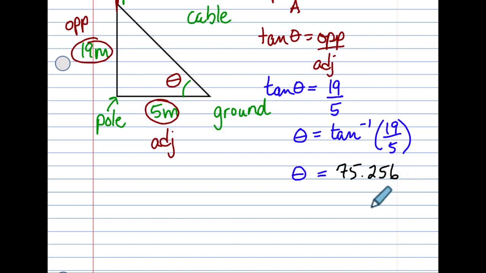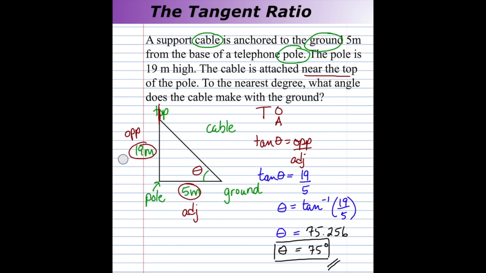And it says to the nearest degree, so we will round off to 75. The nearest degree is 75 degrees. Of course, the reason we could use this ratio in the first place is because we have a right angle right here. We're assuming that the pole is exactly perpendicular to the ground.